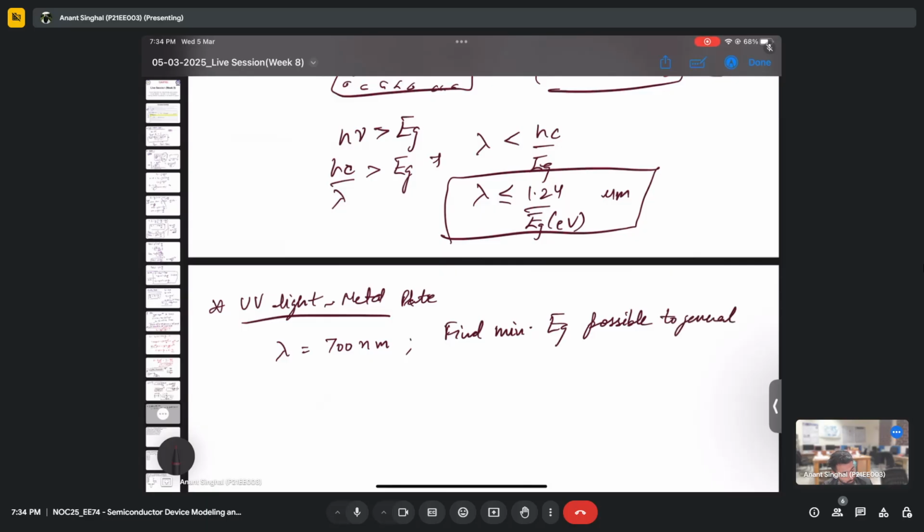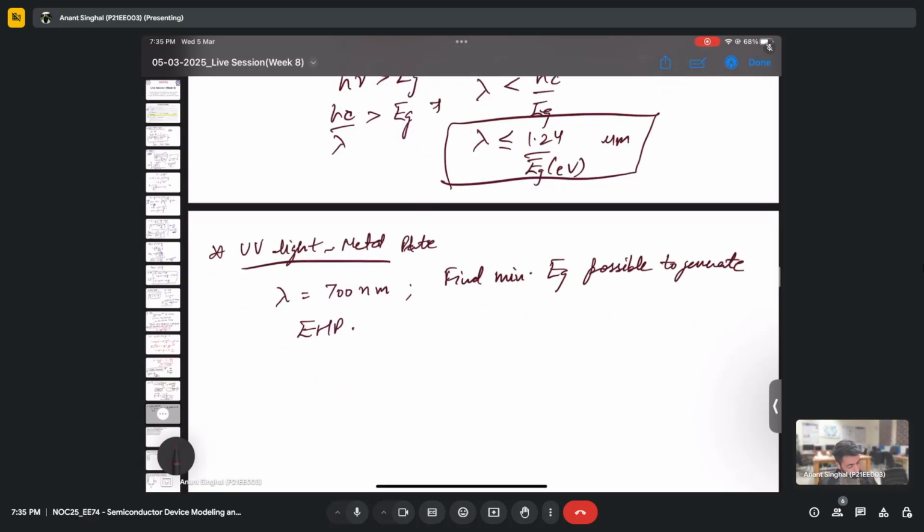to generate the electron hole pair. This is quite straightforward, but just to give you an idea, let me know what the answer is quickly. 1.7285 electron volt.